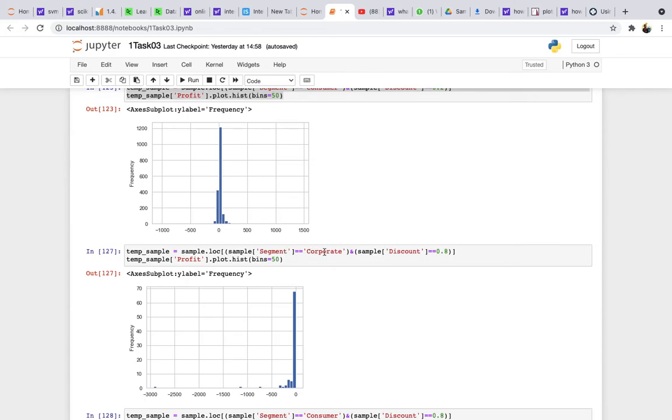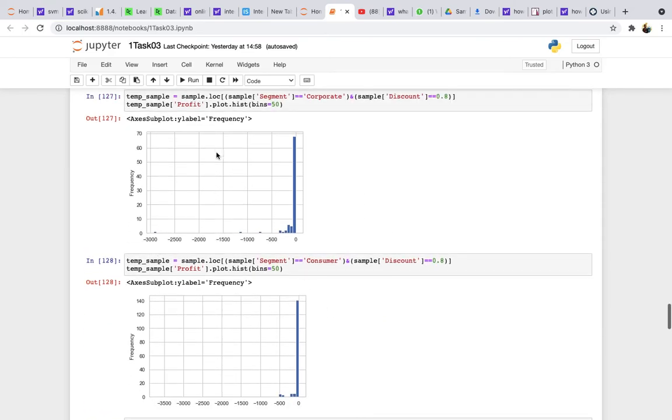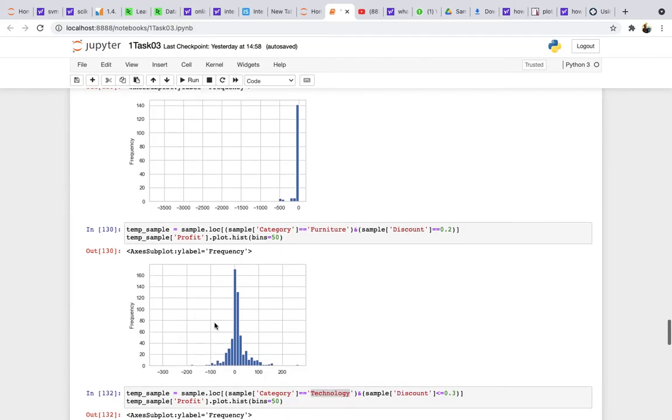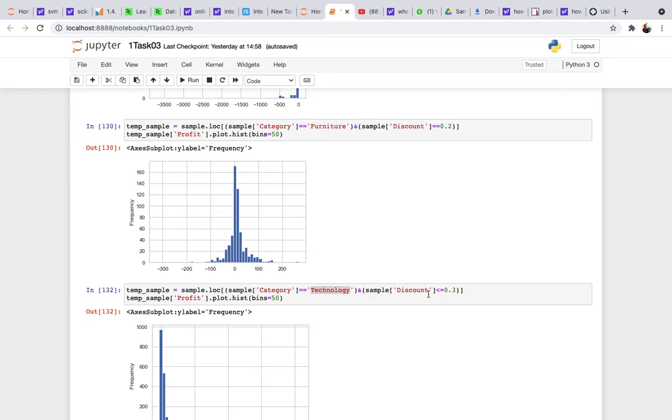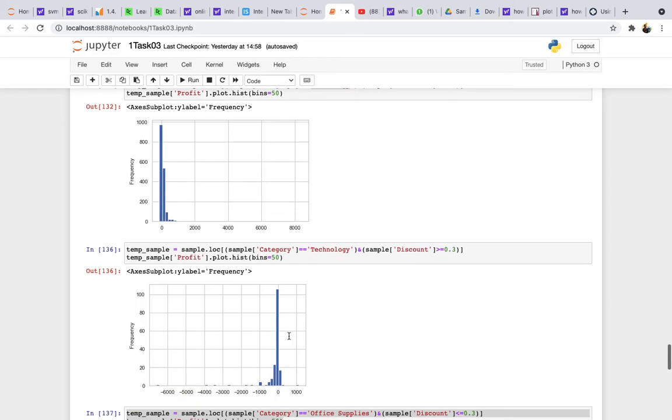At equal to 20% it is a profit, less than or equal to 30% is also a profit, and greater than 30% is a loss for the supermarket.